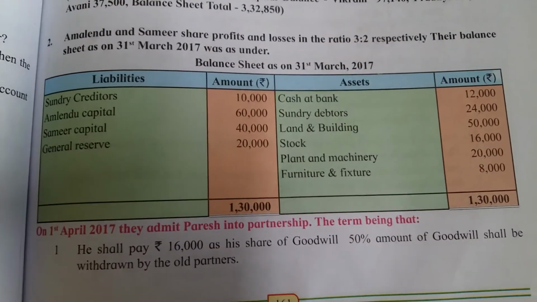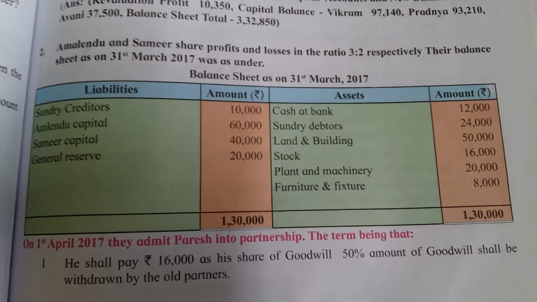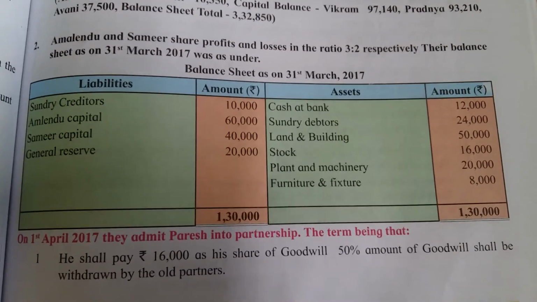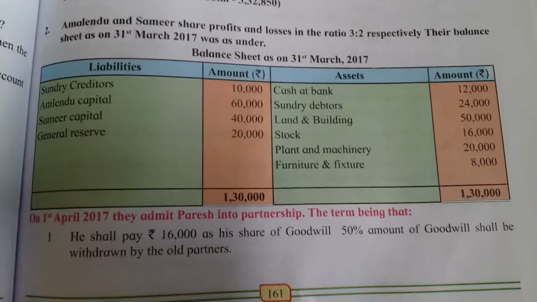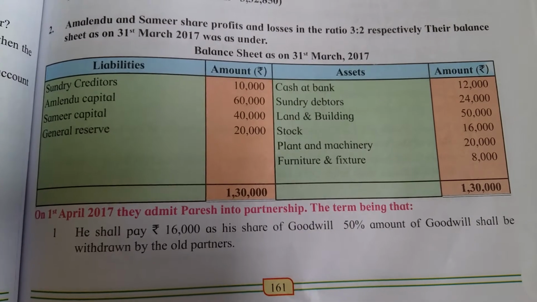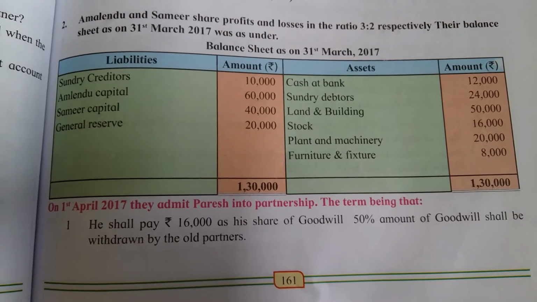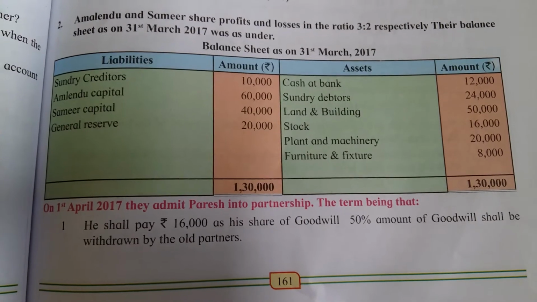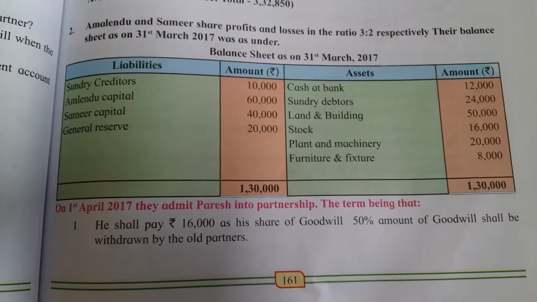So what are the changes in the partnership firm? First, he shall pay 16,000 as his share of goodwill, and 50% of the amount of goodwill shall be withdrawn by the old partners. We have already studied the treatment of goodwill, in which we learned 5 journal entries: when the new partner brings his share of goodwill in cash and it is retained, when it is withdrawn by the partners, paid privately, and so on.